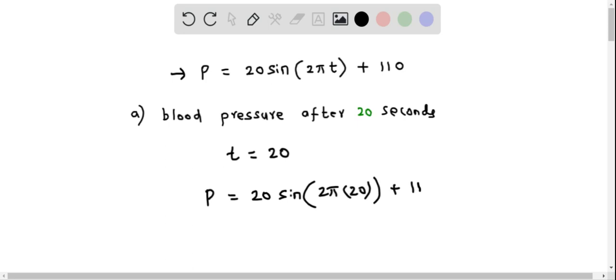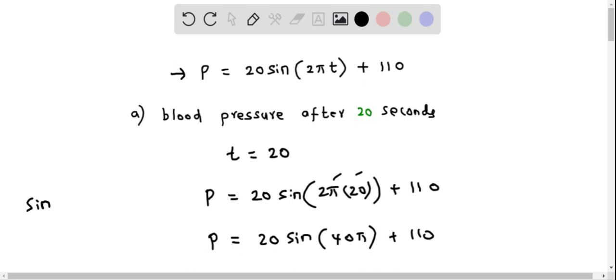plus 110. So let's evaluate this, and this equals 20 times, 2 pi times 20 is 40 pi. So it is sine 40 pi plus 110. Now remember that the value of sine 2k pi equals 0, k is an integer.